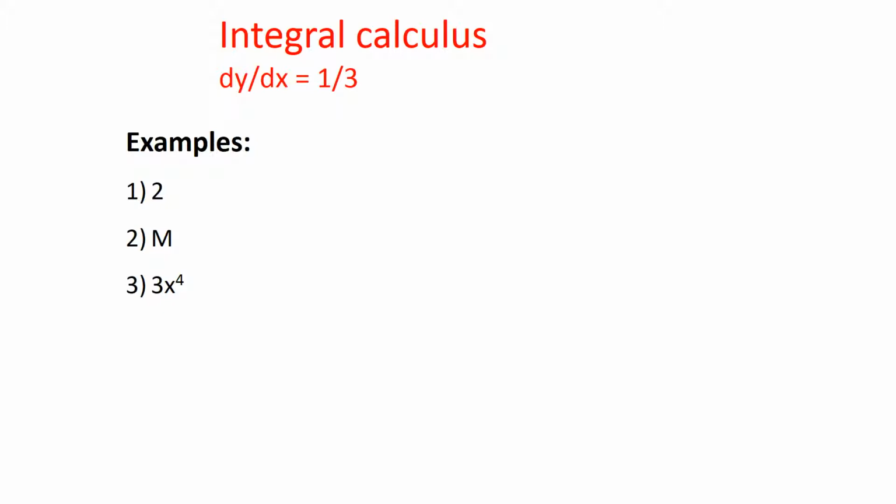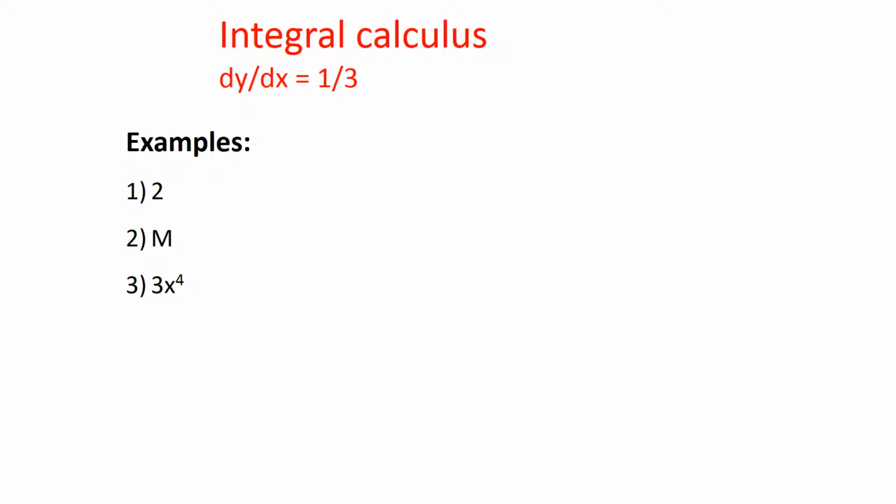So we'll just work through the first one. In this case we've got 2 times x to the 0. If this is dy by dx equal to that, keep the 2 in there.